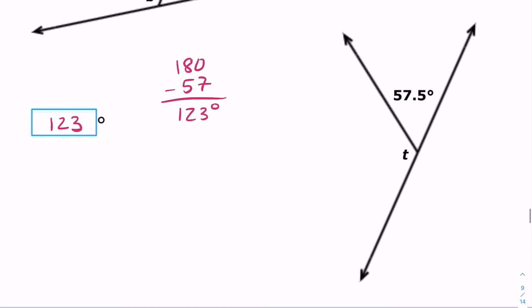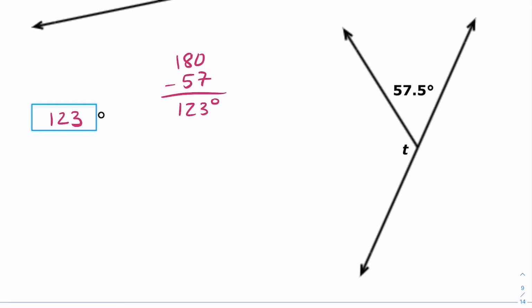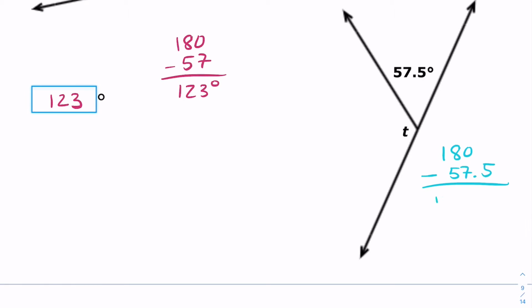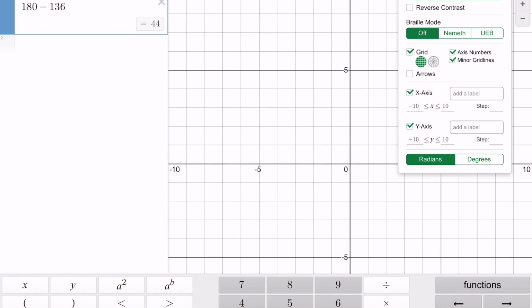All right, the last one. Ooh, this is a decimal, but it is okay. We can do that. 180 minus 57.5. This one's 57 and a half, so it should be 122.5. But I'm just going to check my work real quick.